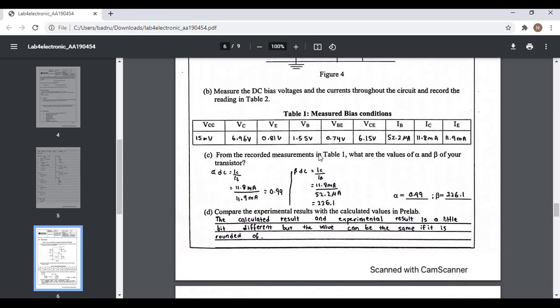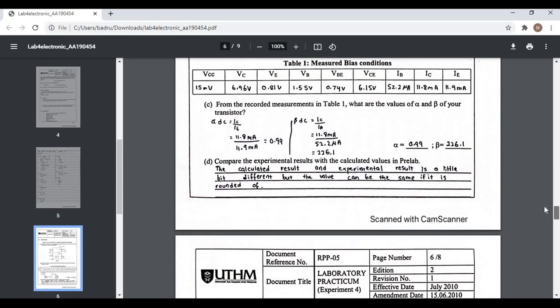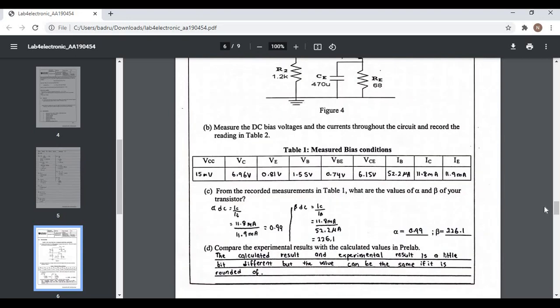From the recorded measurement in table 1, what are the values of alpha, beta of your transistor? Dengan ini kita gunakan formula, dan selepas itu kita teruskan dengan D. Compare the experimental result with the calculated value in pre-lab. Berdasarkan pre-lab saya, jawapan saya, the calculated result and experimental result is a little bit different, but the value can be the same if it is rounded.